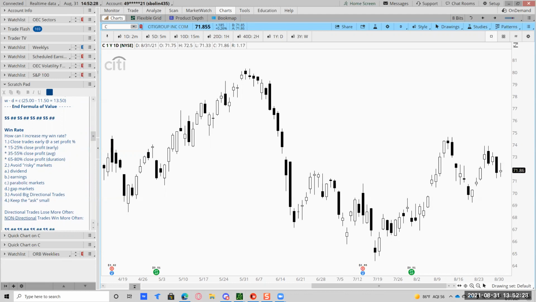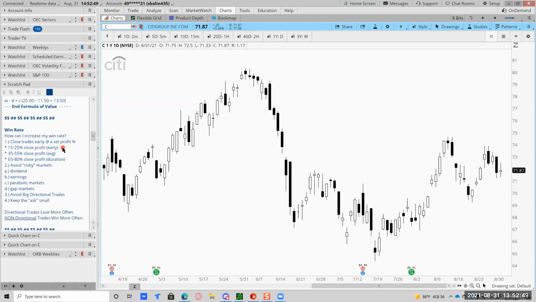And it's not some magic number. It's just that hitting 15 to 25% profit often means you're closing a trade in just a few days. So you're rotating in and out of that market, giving your portfolio time to deal with the market that you're in.